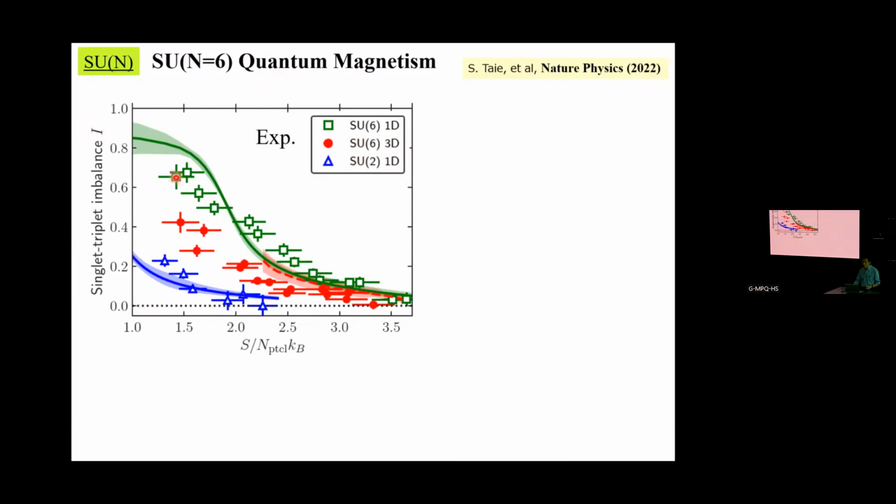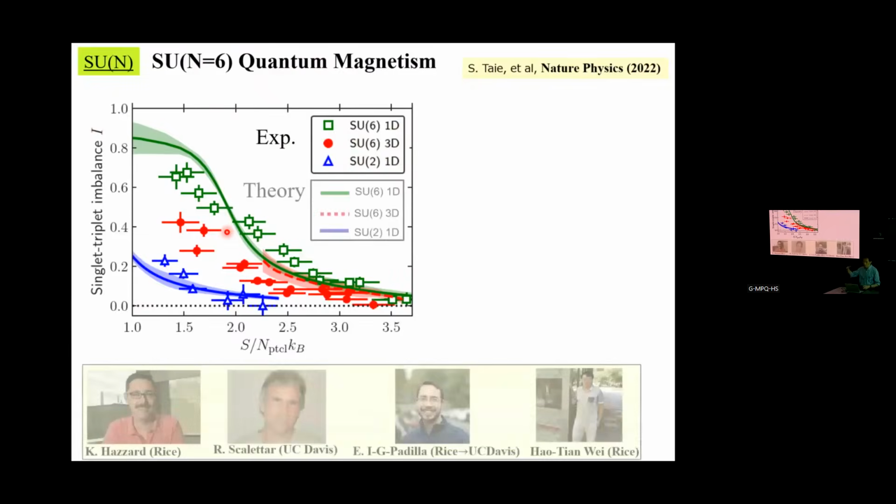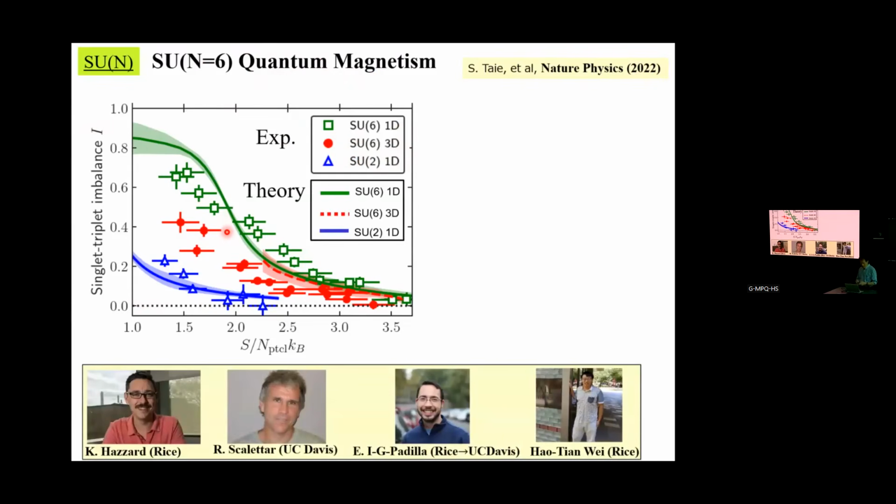And these experimental data are compared with the state-of-the-art theory calculation done by our theory collaborators led by Kaden Hazzard at Rice University, and the solid line is the result of the theory calculation. You can see that we obtained a good agreement between theory and experiment with no fitting parameters.